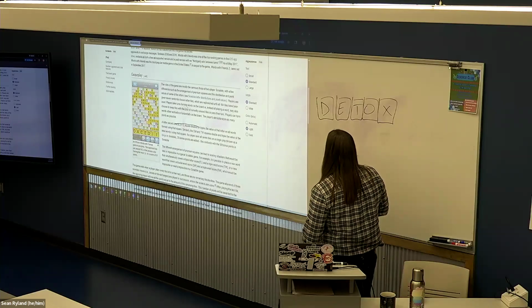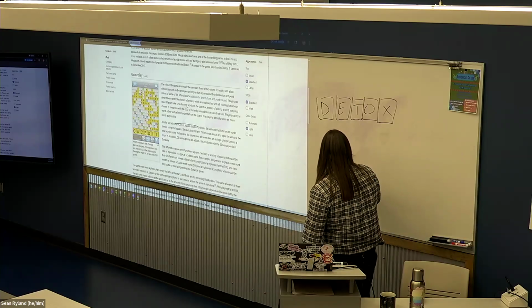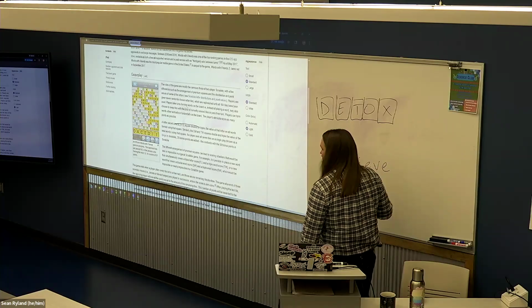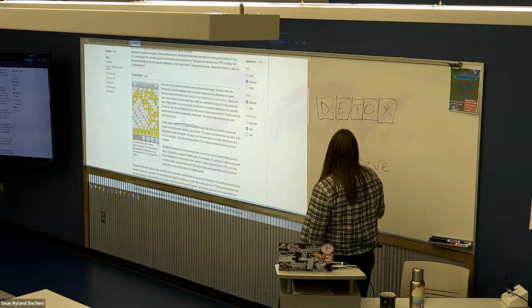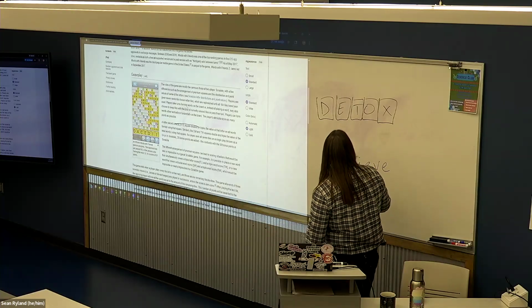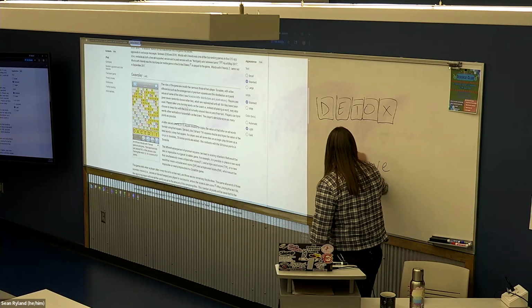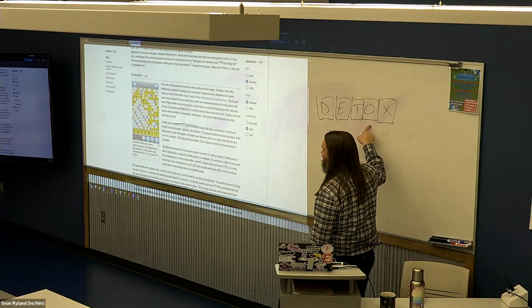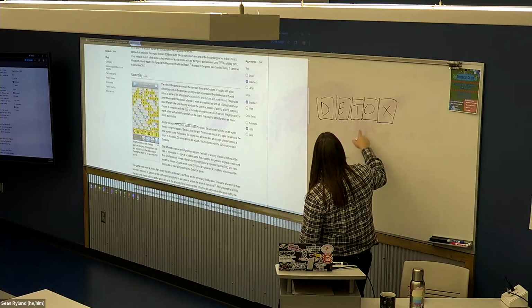So let's say I wanted to play, because those are the tiles that I have in front of me, or let's just say Ring. If this was the first word played, I then have to connect to it.